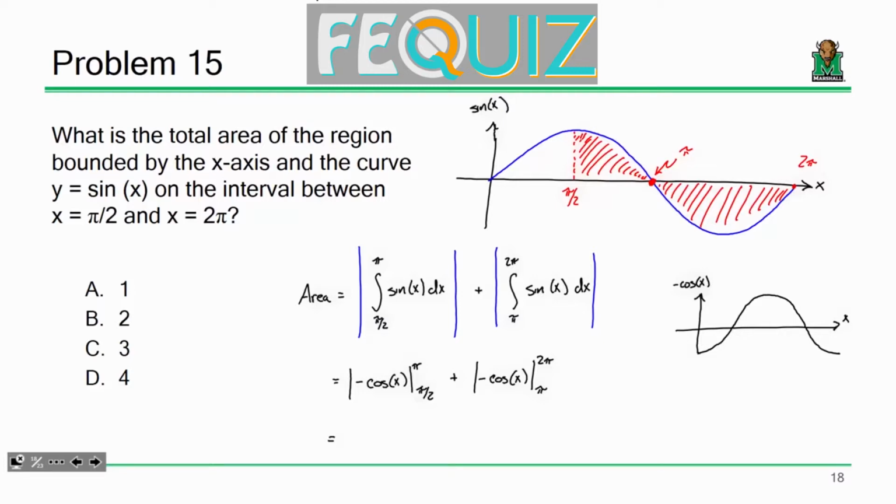Where it said total area, I'm just going to do it separately. Make sense? All right, so we have that negative term, and then we can just say cosine pi minus cosine pi over 2 plus negative cosine 2 pi.